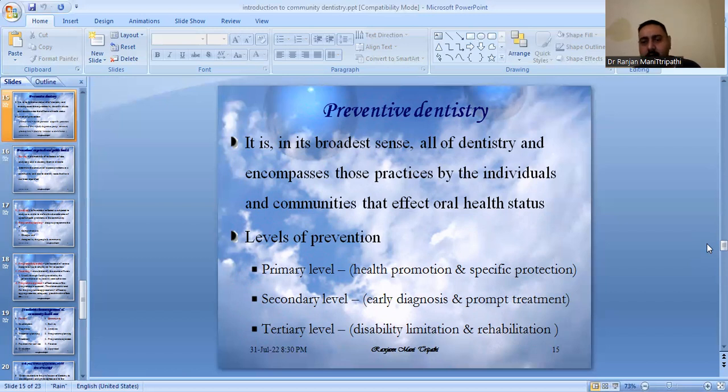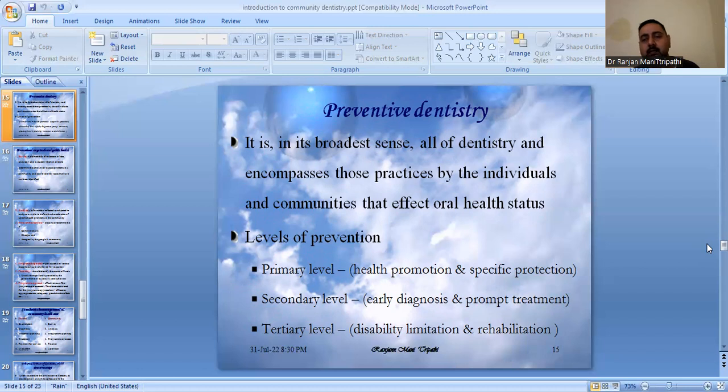Secondary level, early diagnosis and prompt treatment. If a disease is diagnosed by symptoms in early stages and given a prompt treatment, it can be prevented easily. Now, tertiary level, disability limitation and rehabilitation.